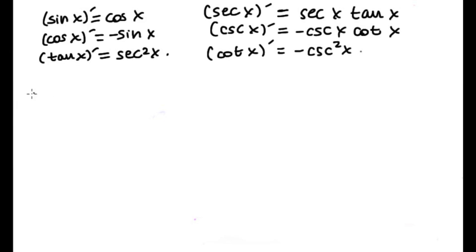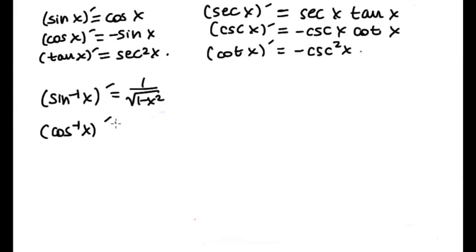Now what about inverse trig functions? So the derivative of arc sine is going to be equal to 1 over the square root of 1 minus x squared. Inverse cosine is the same thing, but negative.